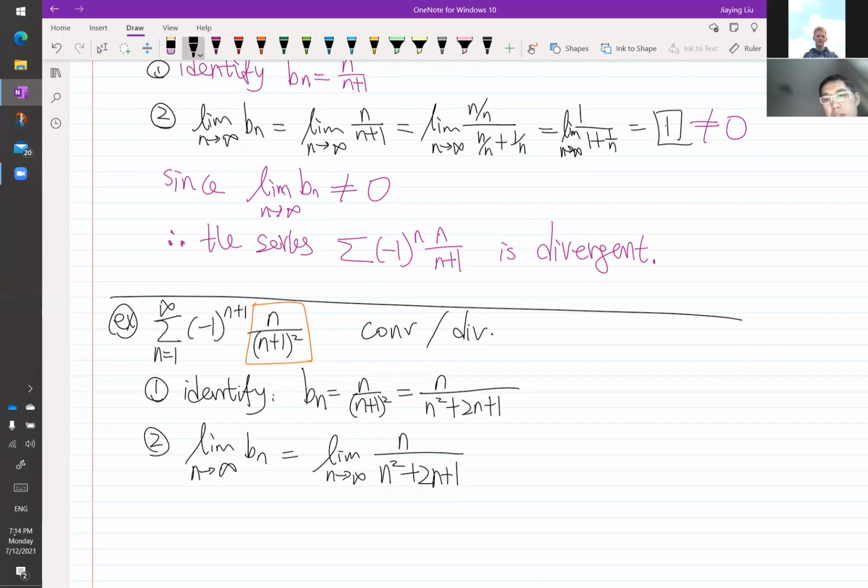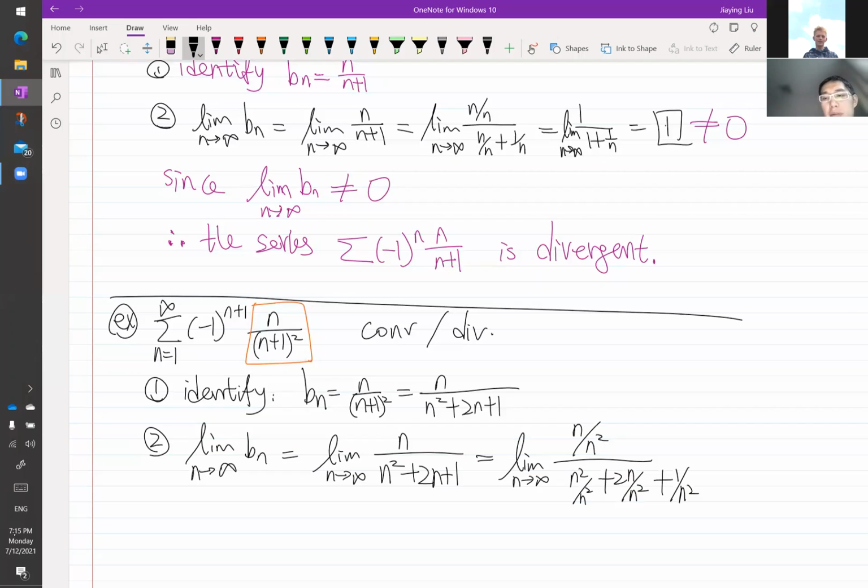To do it correctly, you divide by the leading term of the denominator and try to take the limit after that. If you do that, I'm going to divide all terms by n squared. So I get n over n squared over n squared, plus 2n over n squared, plus 1 over n squared.